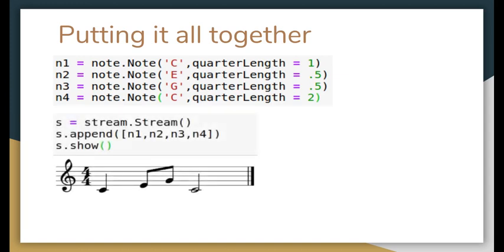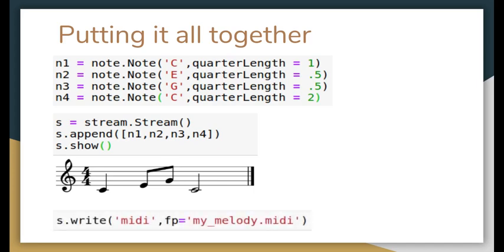Next, I create a stream called S, and I add all the notes to the stream. Then I can call s.show, and we see the melody we created in music notation. Finally, we can use the s.write function to save our melody to a MIDI file. In this code, I'm saving it to a file called mymelody.midi.